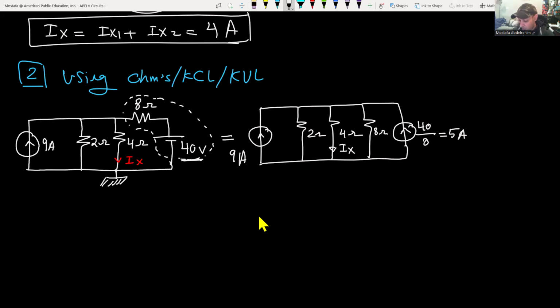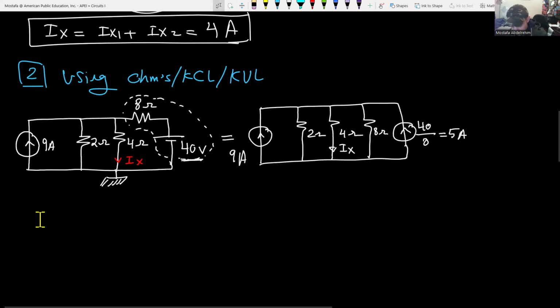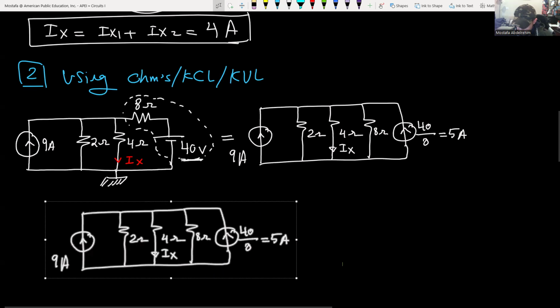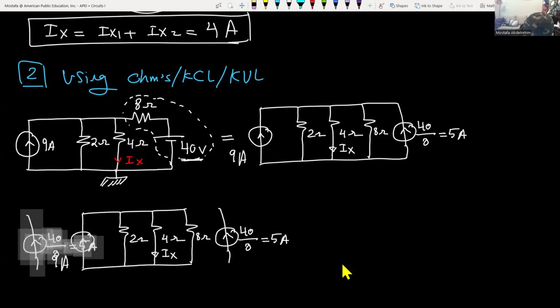Okay. Now I'm going to do a little trick. Because we only care about the connection, I can redraw the circuit that way. I'm going to take this one and put it on the left, like that.